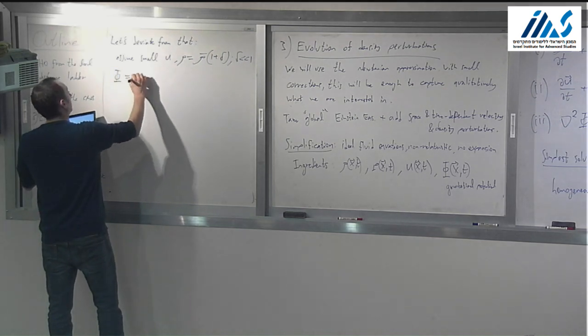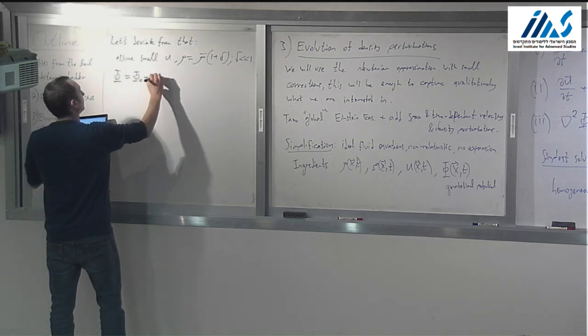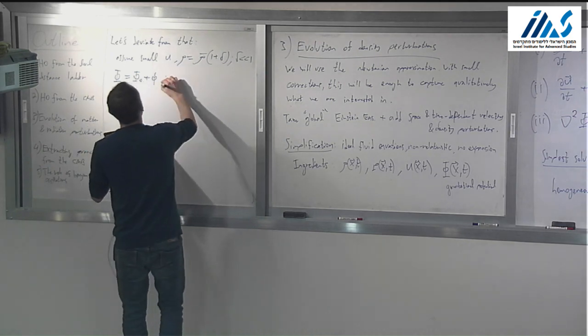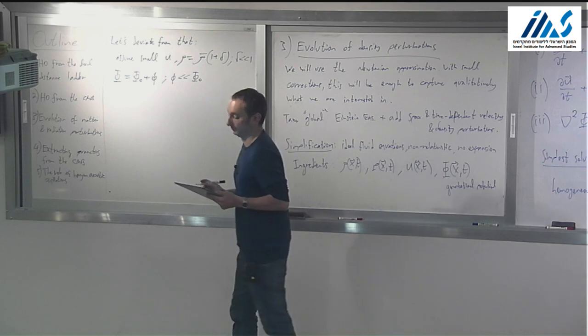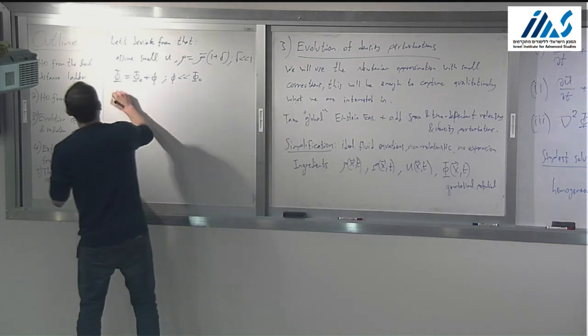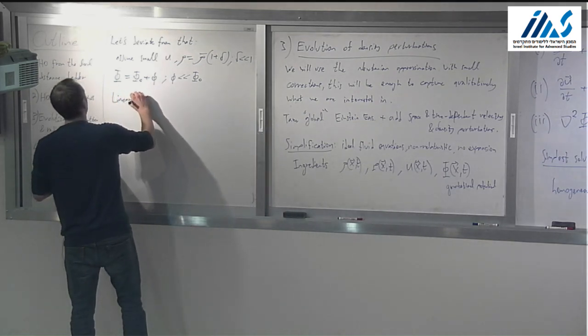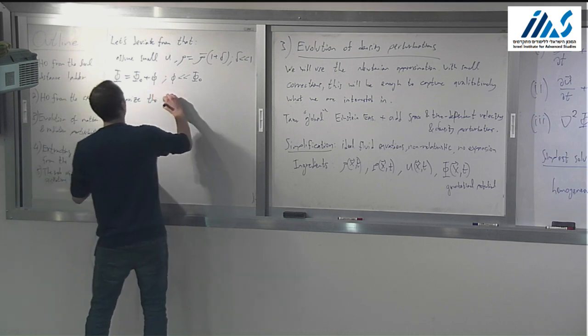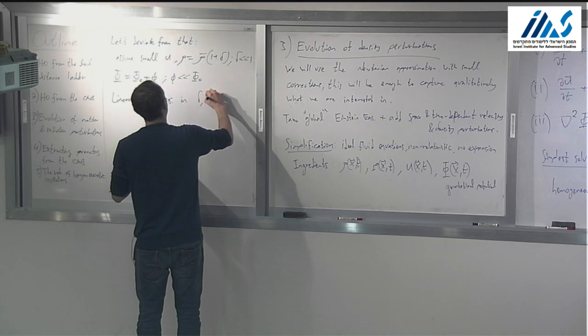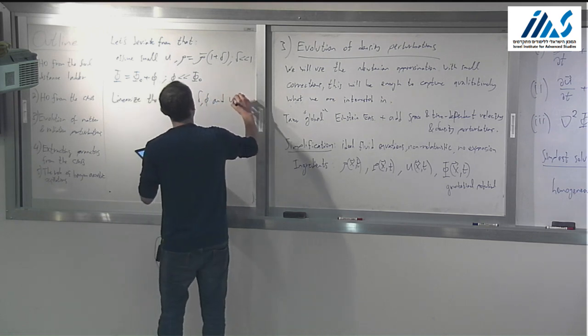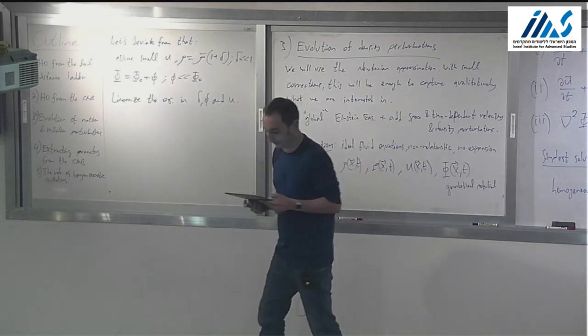Phi equals some constant plus some deviation from it, where phi is much smaller than this constant. And now let's linearize the equations in delta, phi, and u.